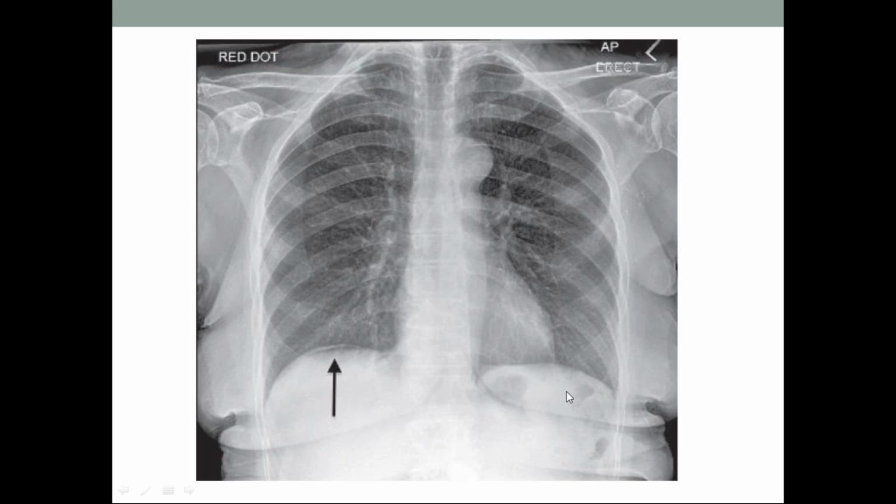You all check it once that on the left side it is not possible to differentiate whether air is below the diaphragm or not. See here, this is the splenic flexure, and they are obscuring the normal stomach bubble.